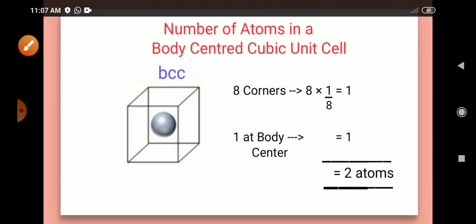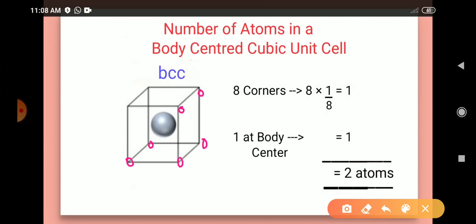Let us find out the number of atoms in a body-centered cubic unit cell. In this, the particles are present at the corners. So a total of 8 corners are there, as well as one particle at the body center.